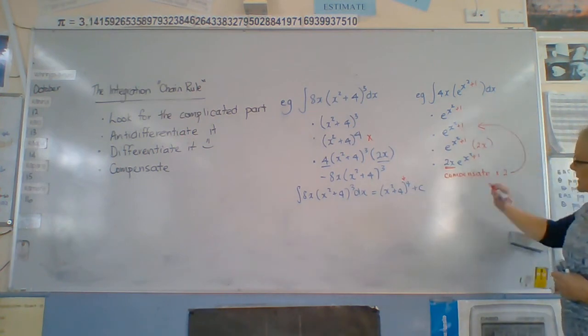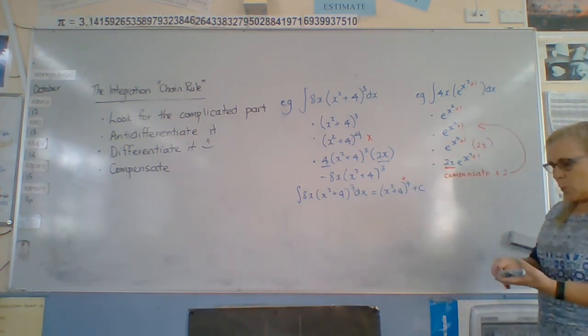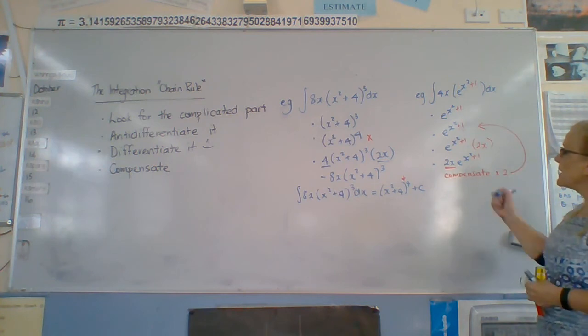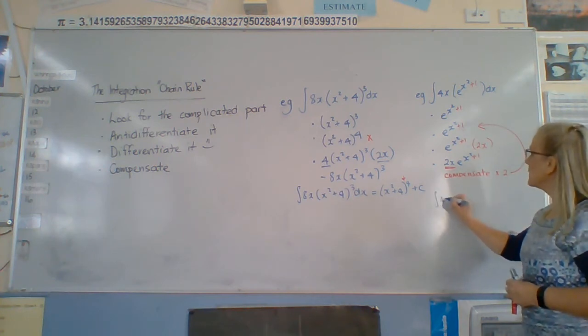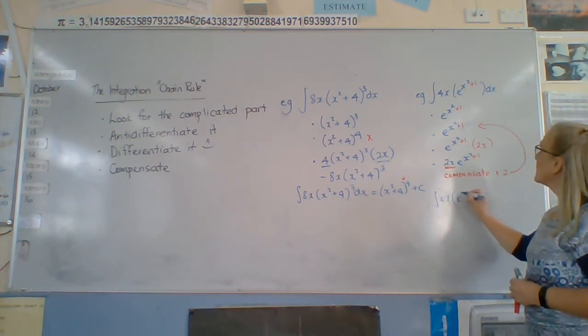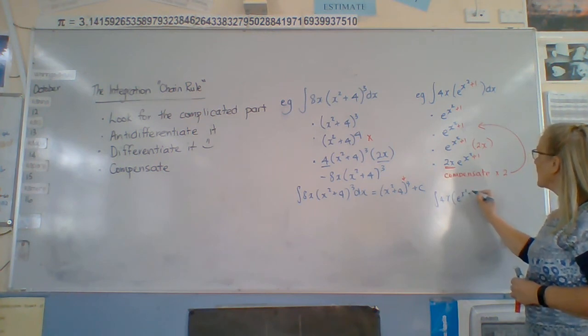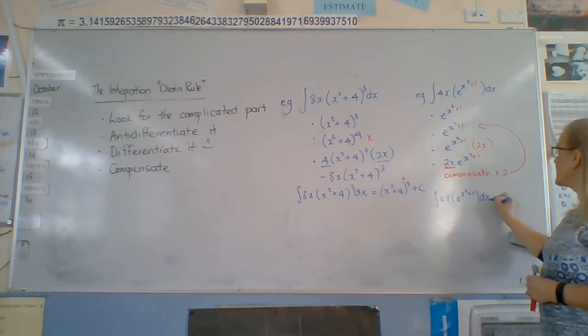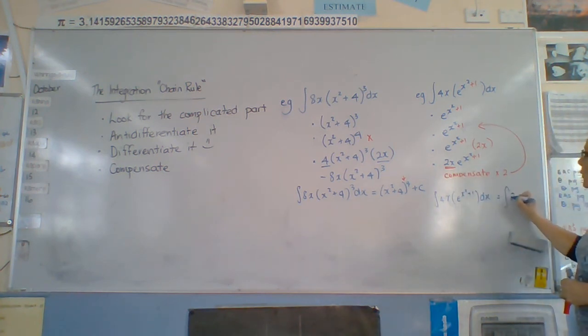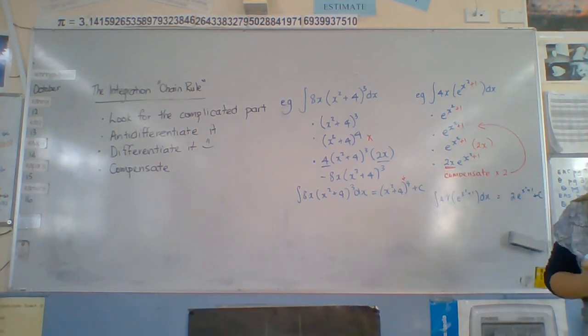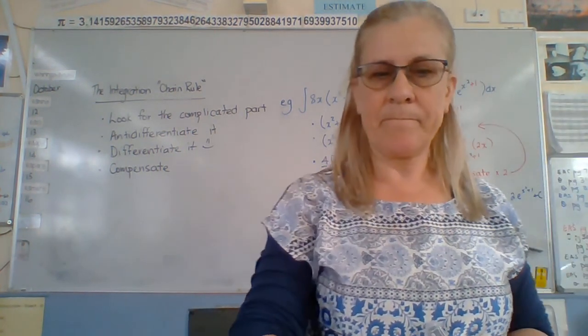Our second step is our guess, so therefore we're going to say that this is 2 of these. Right, so that's where we'll end up. Happy? Okay, sorry about that.